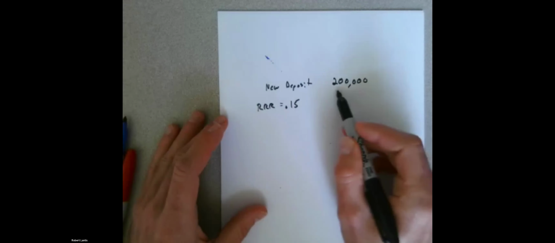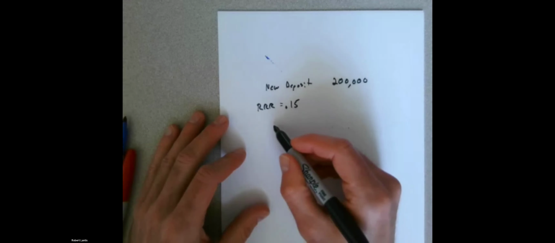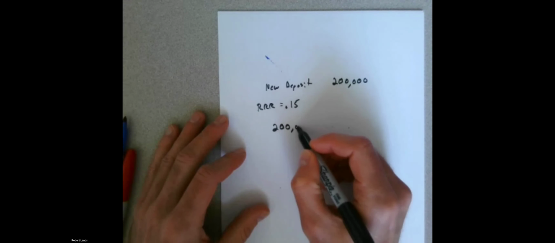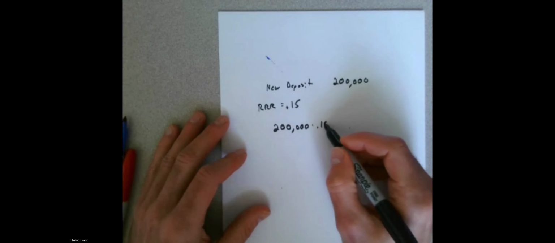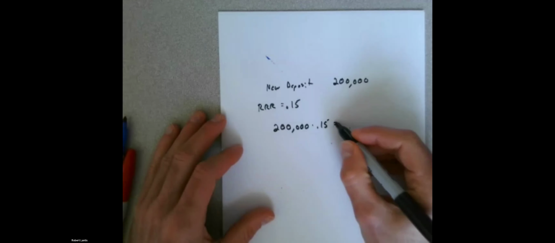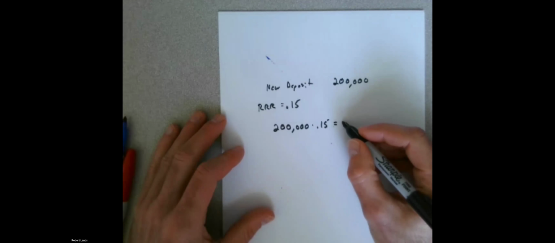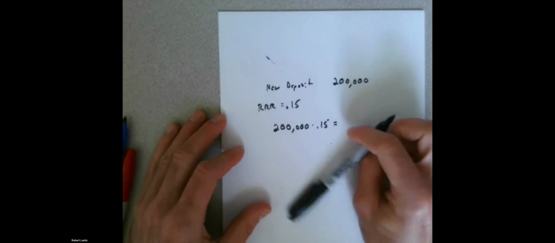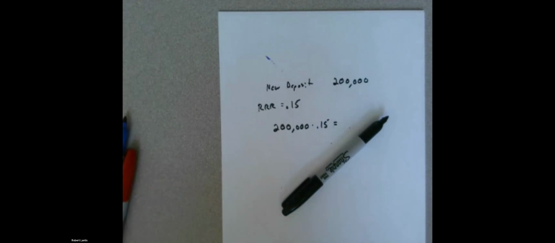So when it's a new deposit to the Fed, they can't loan all of this money out, right? Because initially they have to keep, so what was it here? So I have 200,000.